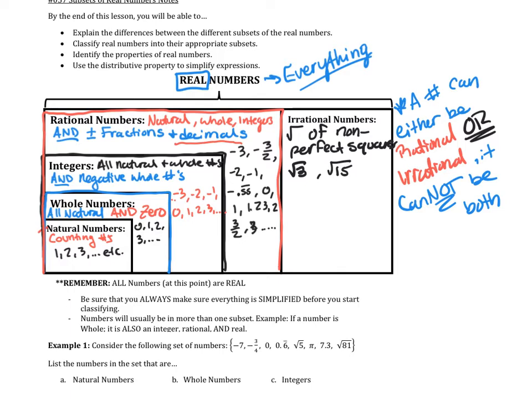With irrational numbers, their decimals cannot be written as fractions. So irrational numbers are square roots of non-perfect squares, square roots we don't know, and some common irrational numbers like pi. There's also an irrational number called e, which is Euler's number. So again, these are decimals that cannot be written as fractions.